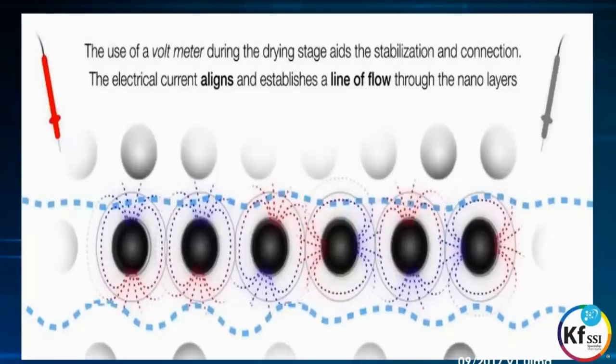Because the whole purpose of the voltmeter during the drying stage is to stabilize these layers and to align and create your line of flow through the nano layers.